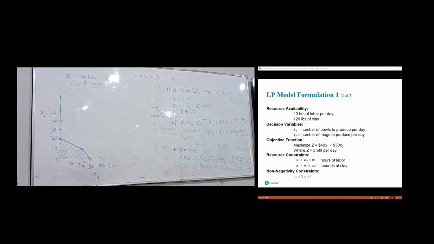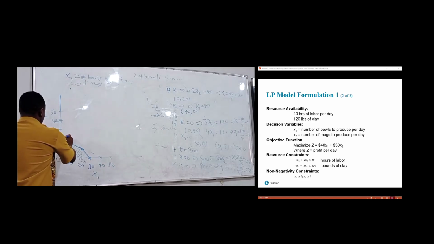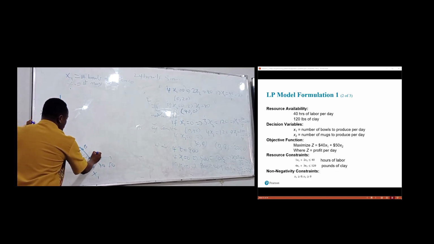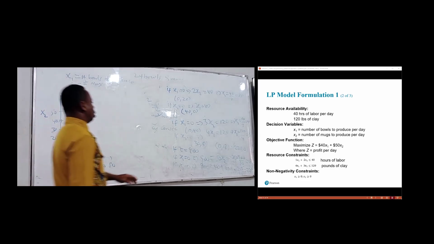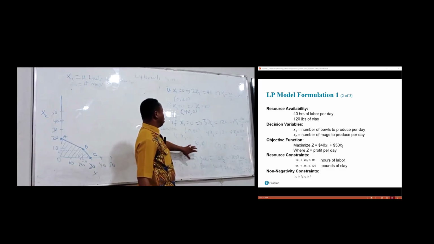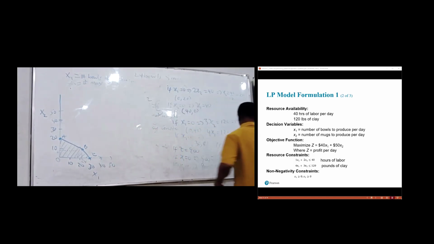One of them is the optimum point. So A, B, and what? C. If we had not solved it mathematically, we would not have known that it is B. But how to know that it is B is to plot the coordinate for the objective function, which we found to be this.